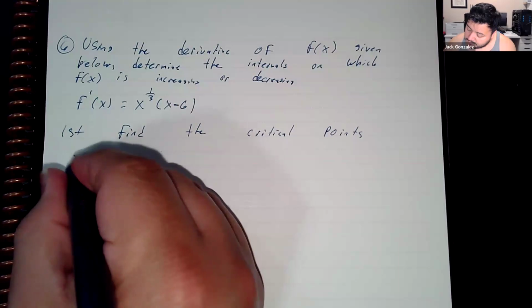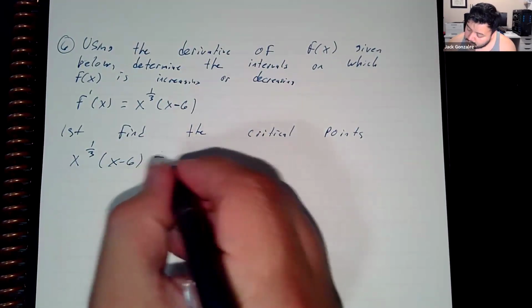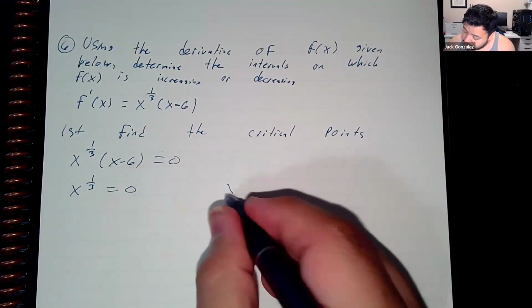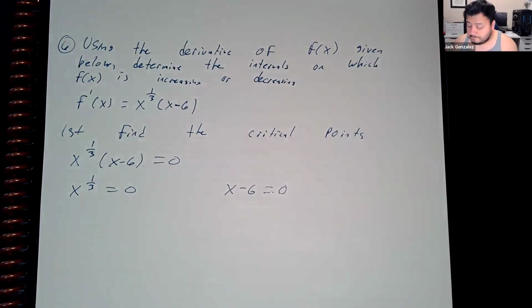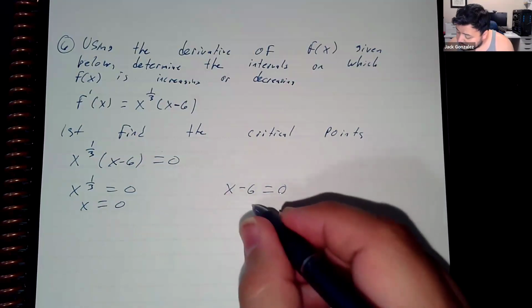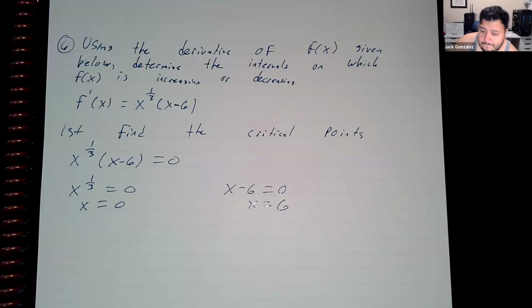Set this to 0. So this is equal to 0 and this can be set to 0. So the only solution for that is 0, and this will be 6, right?